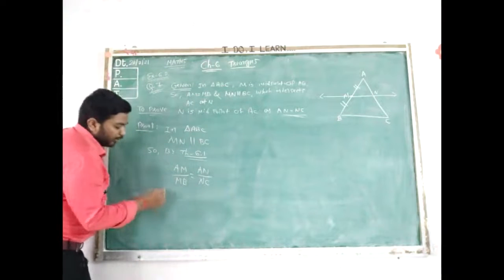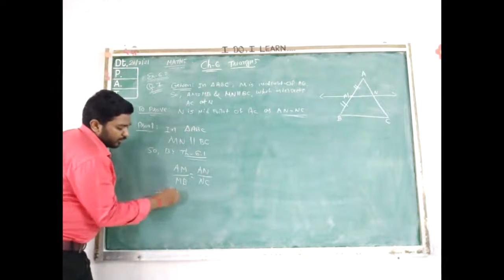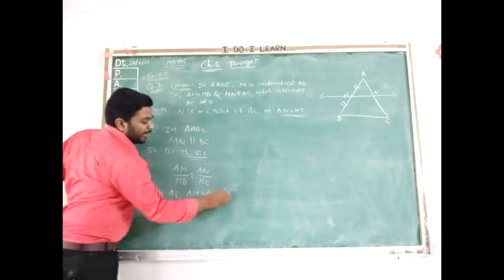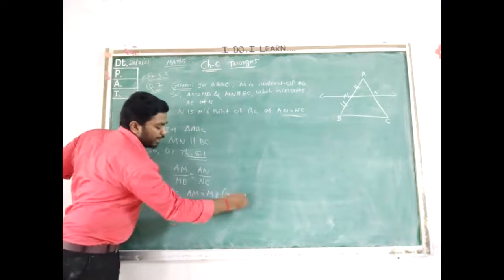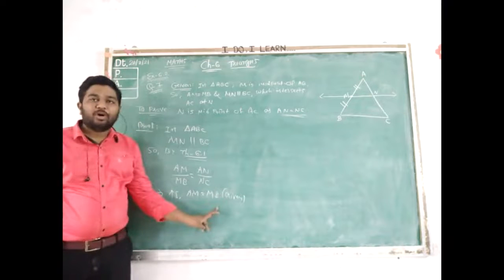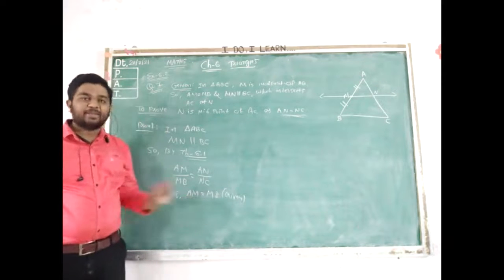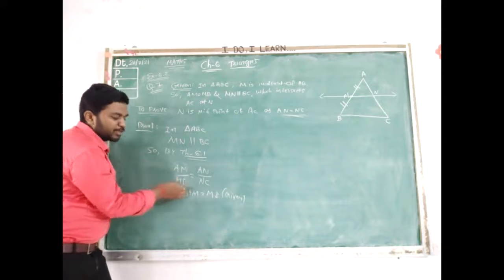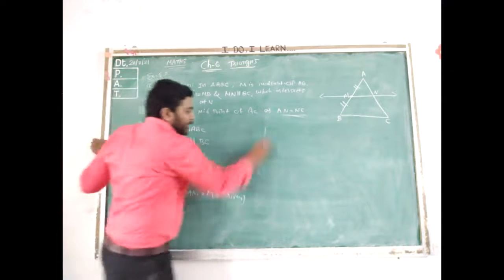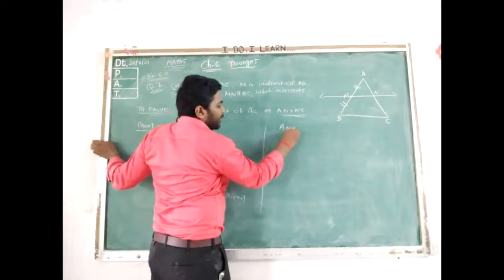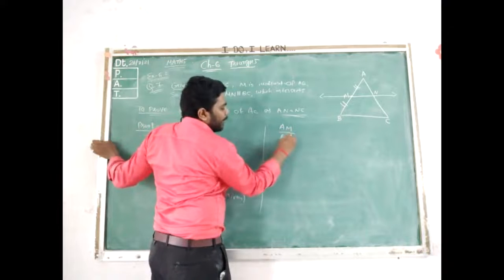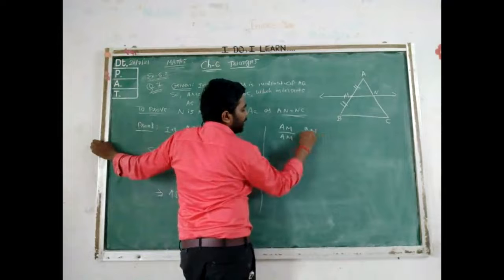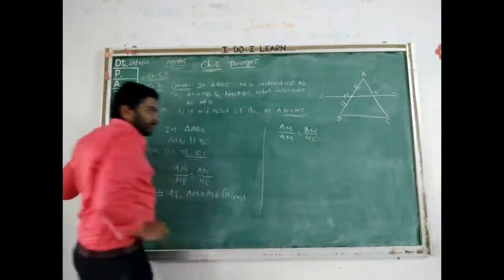Now, AM is equal to MB. Why am I writing this? It is given, or we can write M is the midpoint of AB. So I can write AM is equal to MB. So in place of MB I can write AM. So I'm writing that only: AM as it is, upon AM in place of MB, and AN upon NC as it is.